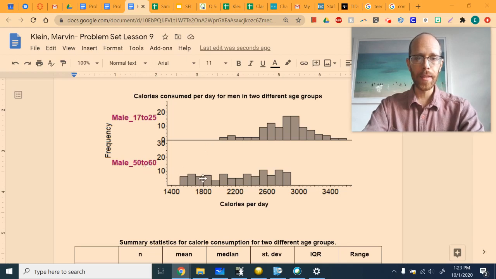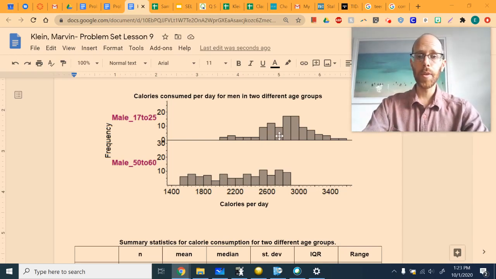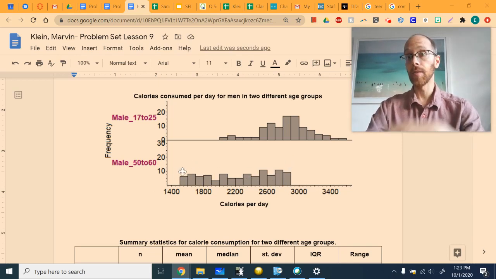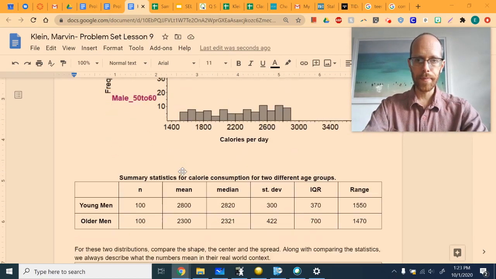Whereas the older men's distribution, also symmetric, but I would describe it as uniform. Other things I'm noticing here is that the middle of the young men's distribution seems like it is larger than the old men's distribution. And then as far as the standard deviations go, I would say that the old men looks like it's going to be a little more spread out because there's more values on the ends far away from the middle. So do that right when you look at the graph.